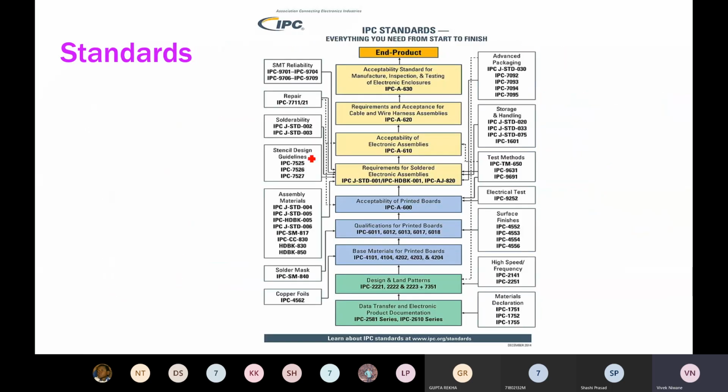Then we have the IPC standards. We have lots of IPC standards.